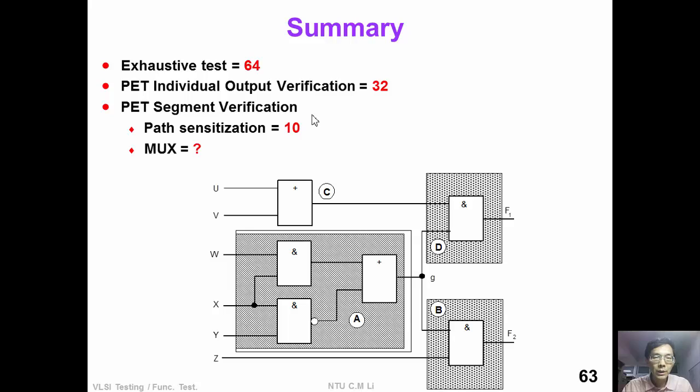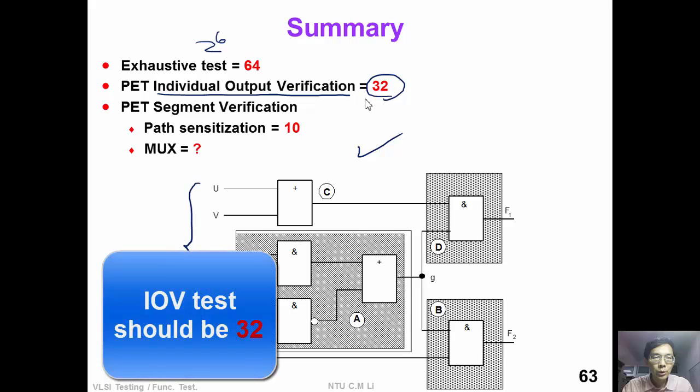In summary, given this circuit, because we have 6 inputs, the exhaustive test will be 2 to the power of 6, which is 64 test patterns. Using the IOV test technique, the test length can be reduced to 22.